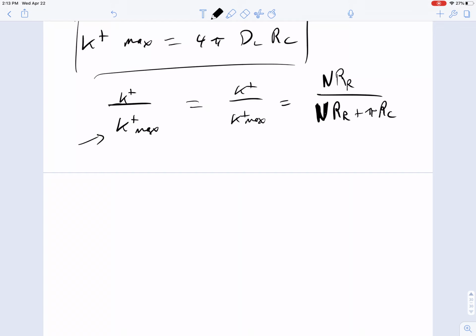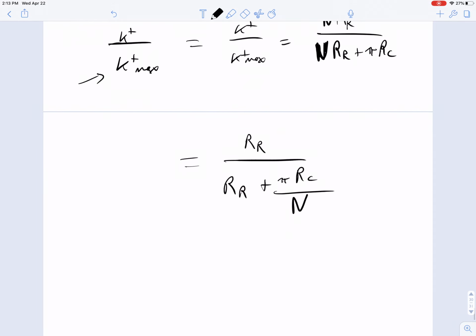You can rearrange this even further by pulling N out, which equals the radius of the receptor over the radius of the receptor plus pi radius of the cell divided by N.